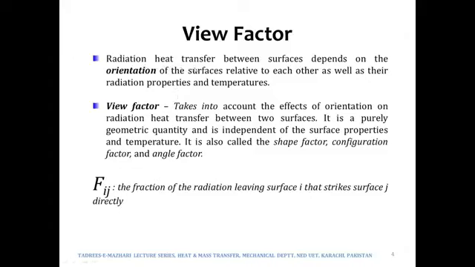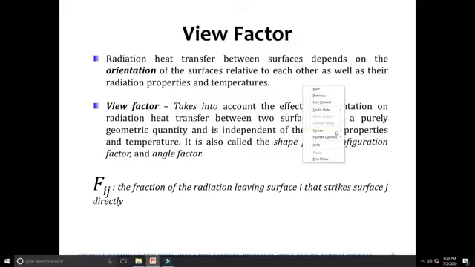So radiation heat transfer between the surfaces depends upon the orientation of the surfaces relative to each other, as well as their radiation properties and temperatures. Of course, we know that the higher the temperature of the body, it will emit more radiation, and the radiation heat transfer will depend upon the emissivity, absorptivity, reflectivity of the surface, etc. But along with all those, the radiation heat transfer mainly depends on the orientation of the two surfaces.